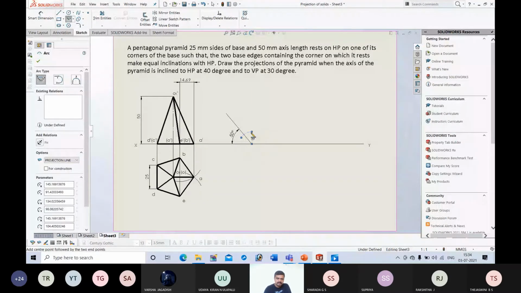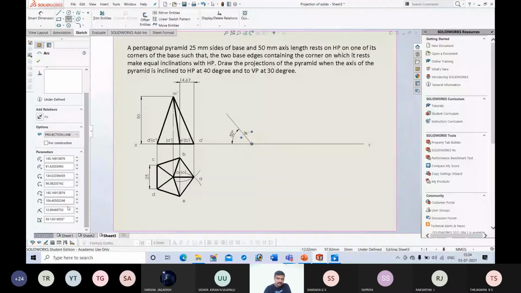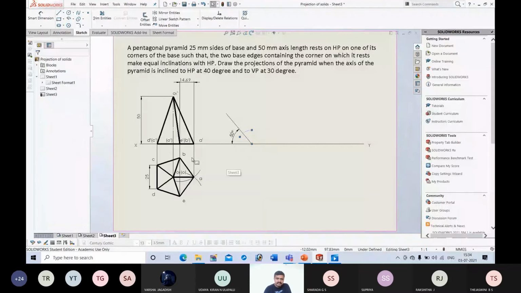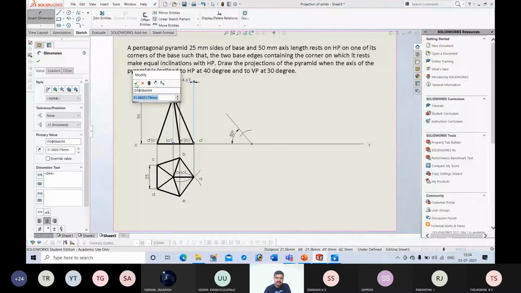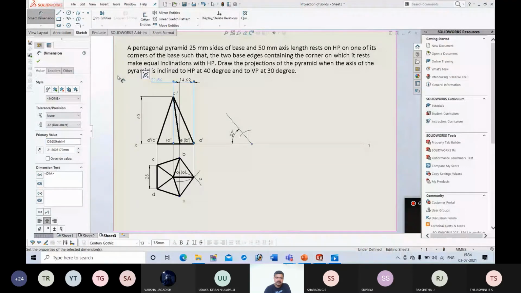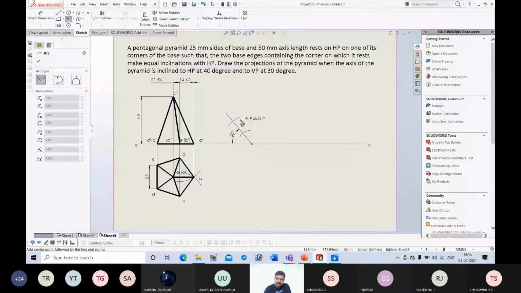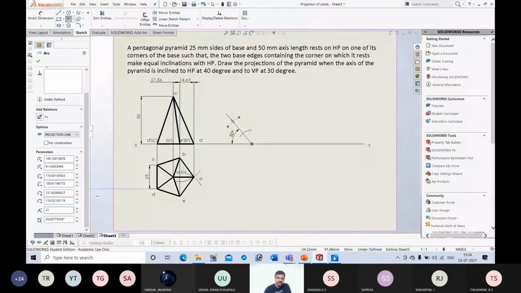Next, again take the radial distance using the compass, between A and O dash. It is 21.56. Again, using the center point, I will draw an arc. The radius is 21.6.